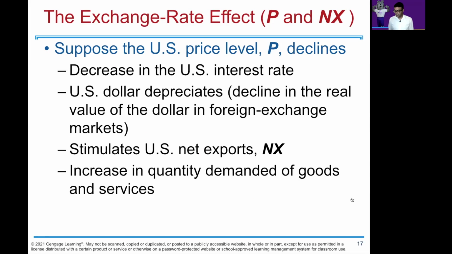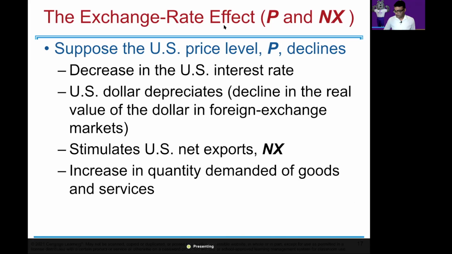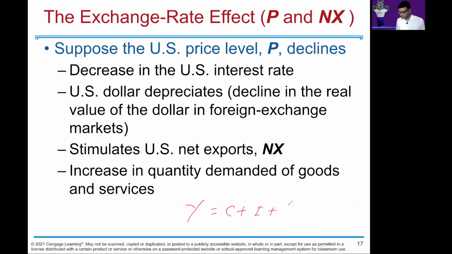If net exports increase, again with the same equation we used before, C plus I plus G plus NX, this will increase, and then ultimately Y will increase. So this is your exchange rate effect, and the other effects we explained, the interest rate effect, and the wealth effect. Okay, you can see why the aggregate demand curve is downward sloping: because of the wealth effect, the interest rate effect, and the exchange rate effect.